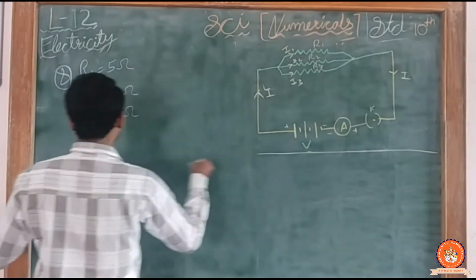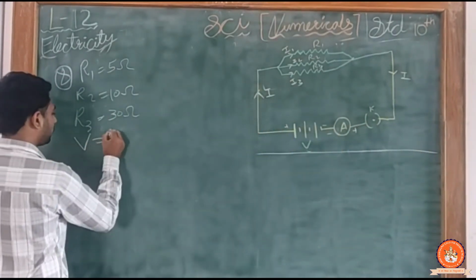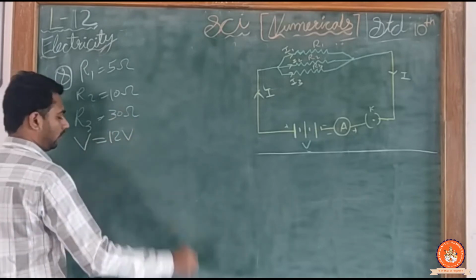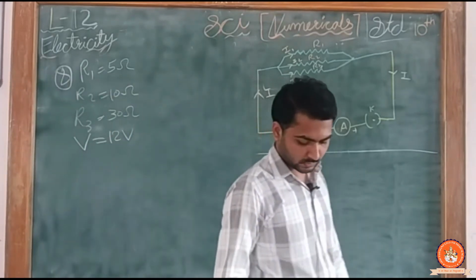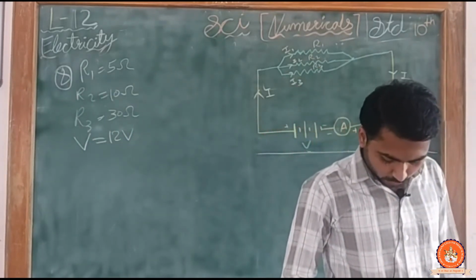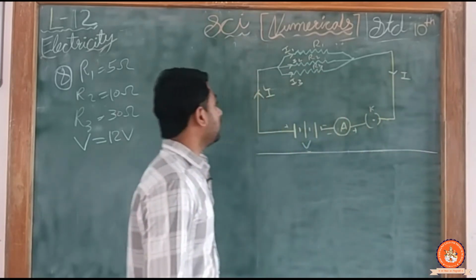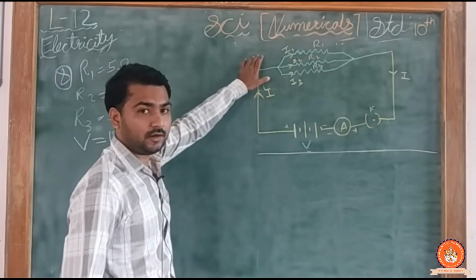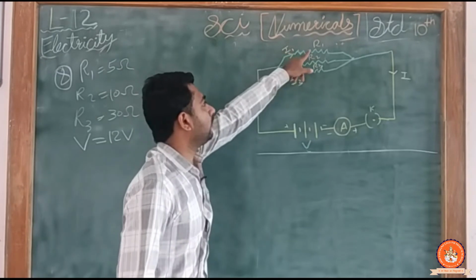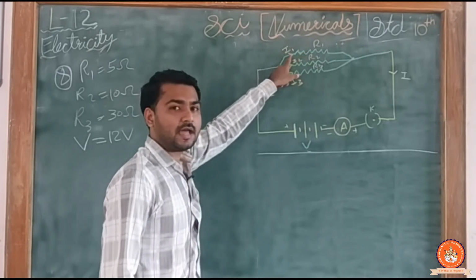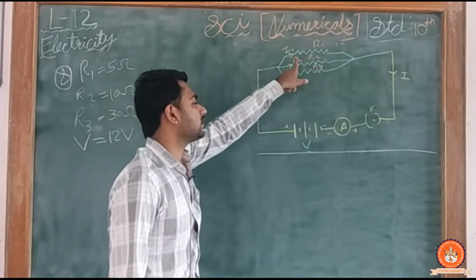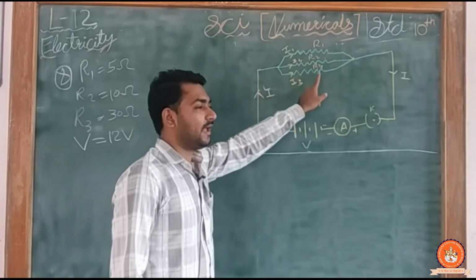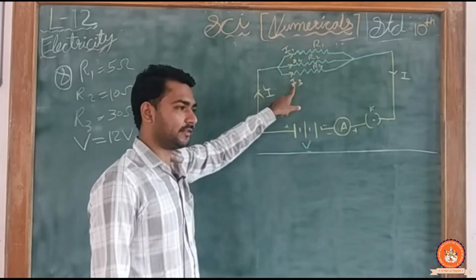This is my battery. What is the voltage of my battery? It is 12 volt. Calculate the current through each resistor. I have to find the current for each resistor. For resistor R1, my current is I1. For R2, I2. And for R3, I3.